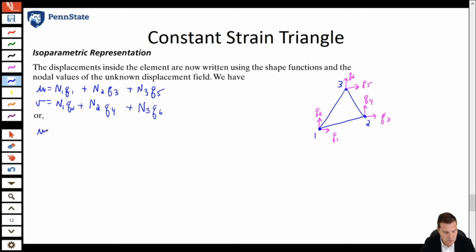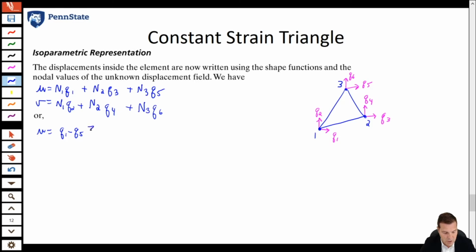So we could do U is equal to, now you can rearrange this also, because remember, N1 is equal to psi, N2 is equal to eta, N3 is equal to 1 minus psi minus eta. And so we're going to have this term, which is Q1 minus Q5, with a term of psi, right? So we can simplify that.